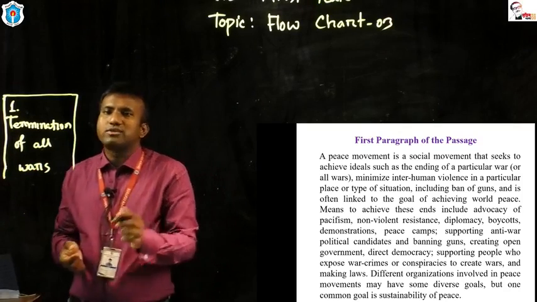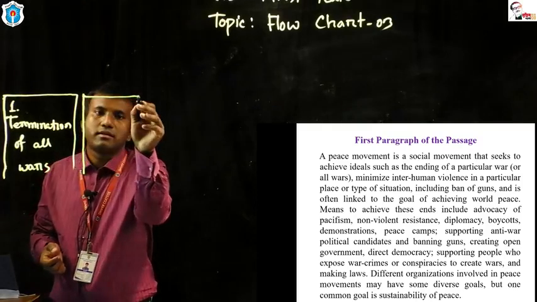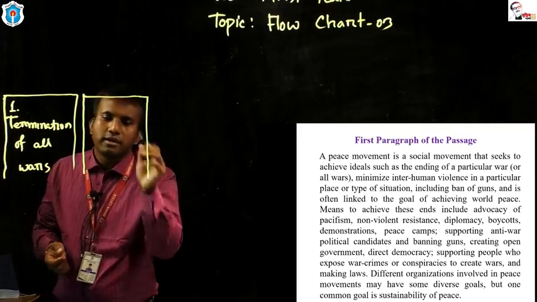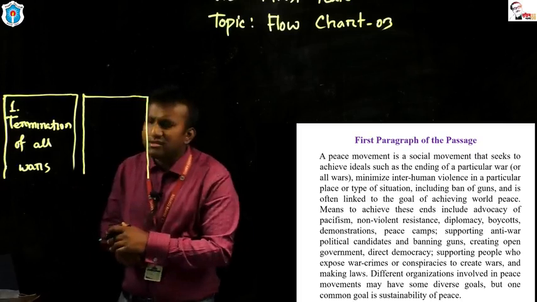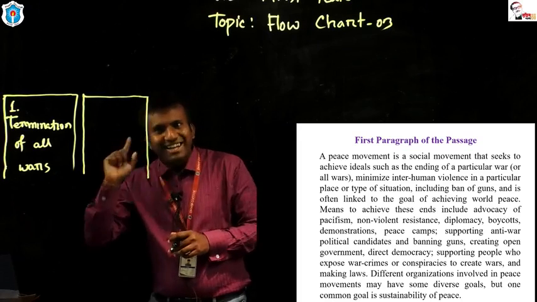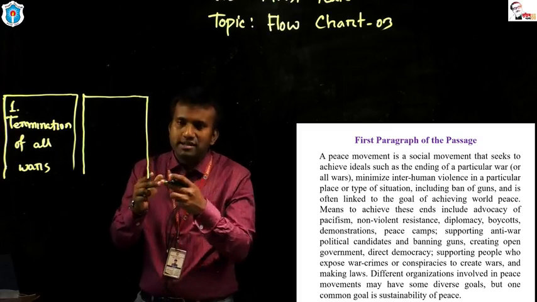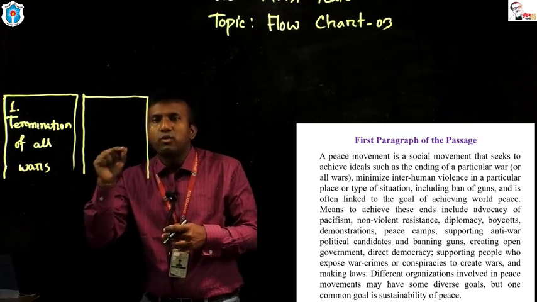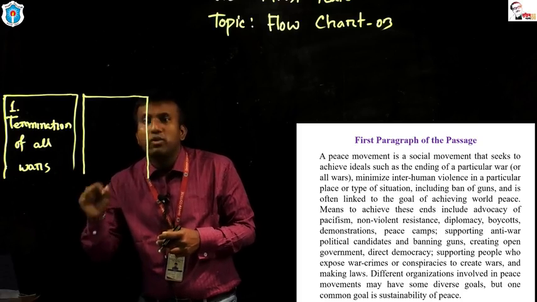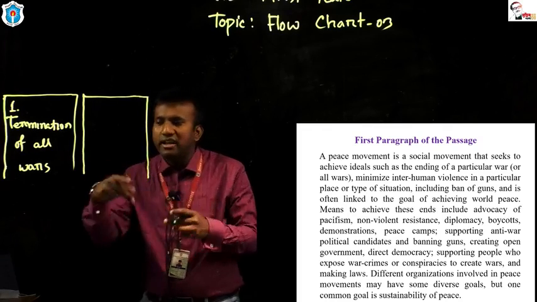Now, I'd like to start with the second answer. Dear students, what is your second answer according to the passage? And you must maintain sequence. You must write down the objectives or goals of peace movement according to serial, as maintained in the passage.